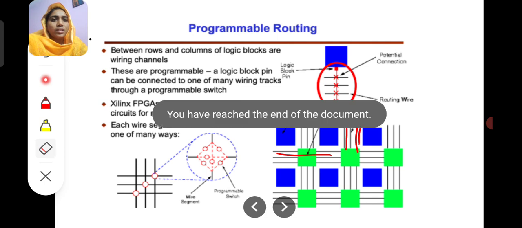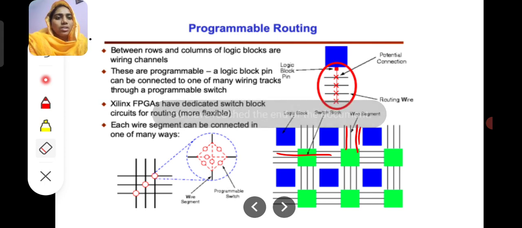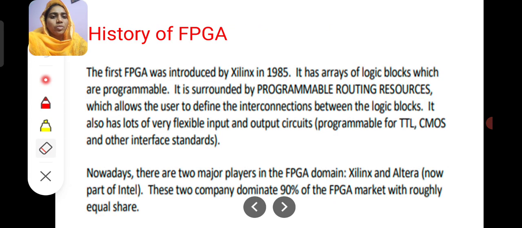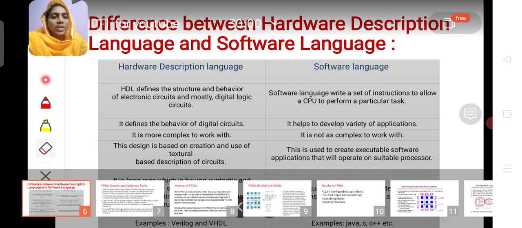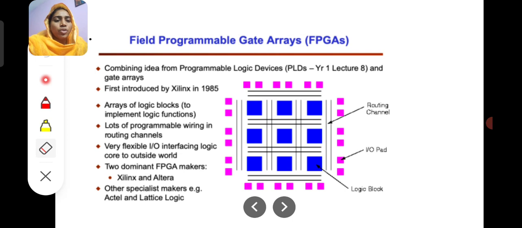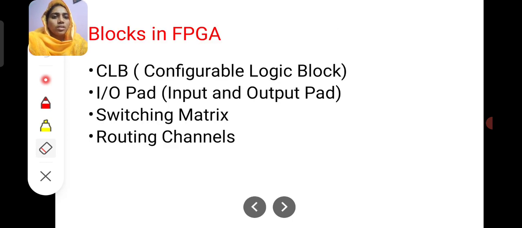So next one is, right, I'm going to explain this one more time. FPGAs have 4 blocks. Configurable logic blocks, in which we have 3 blocks: lookup tables, LUTs, flip-flops, where we use a D flip-flop, and multiplexers.